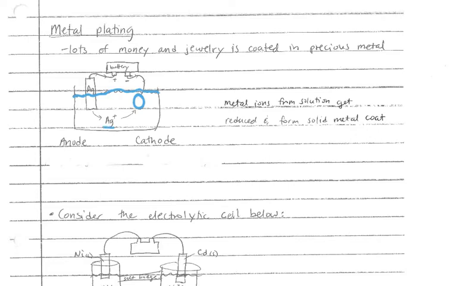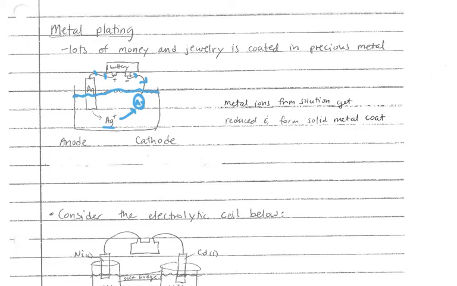And we run electrons so that the electrons are running this way. And so these ions, the silver ions, will end up accepting those electrons and forming solid silver on this coin, plating that coin, covering that coin in silver.